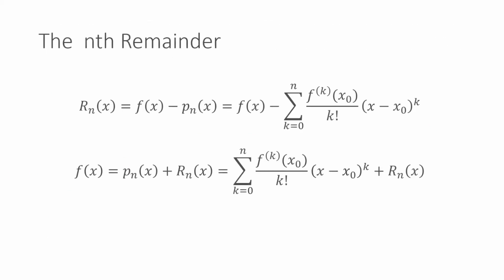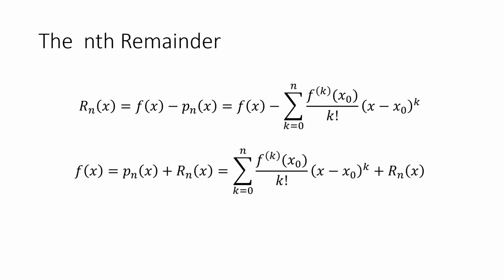So let's have the nth remainder. It will be convenient to have a notation for the error of approximating f of x by p sub n of x. Accordingly, we will let r sub n of x denote the difference between f of x and its nth Taylor polynomial.